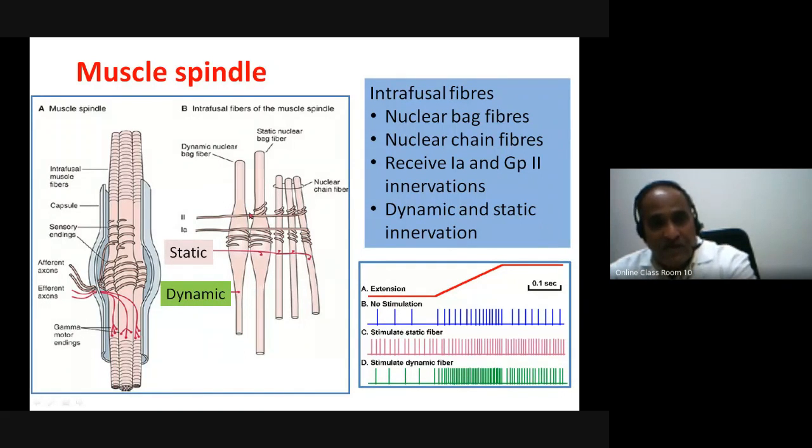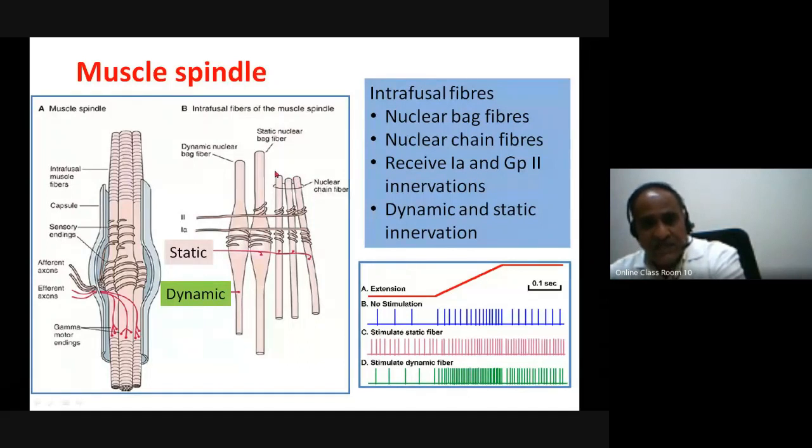That means we have nuclear bag fibers and nuclear chain fibers. In the chain fibers the nuclei are arranged in series like chains; in the bag fibers they are arranged in bulbs. Of the nuclear bag fibers, one is a dynamic one, and the remaining nuclear bag fibers and the nuclear chain fibers are static.